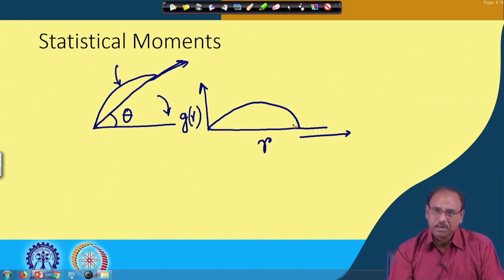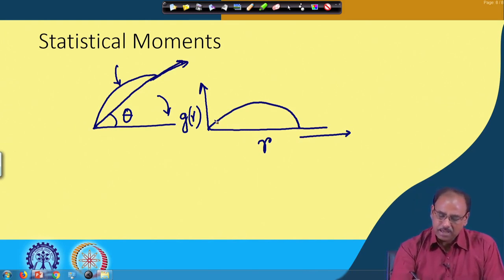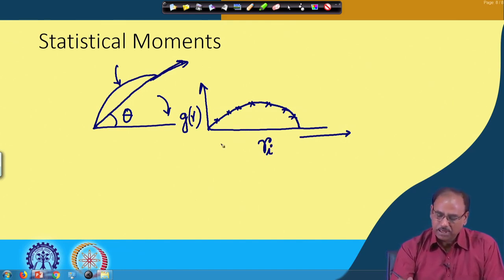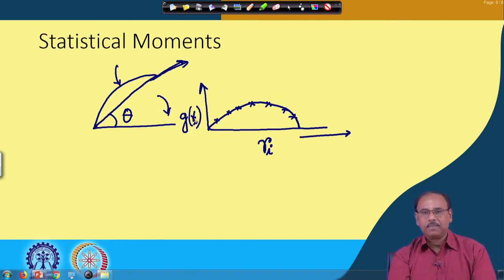Obviously, this will not be a continuous function, because as I said before, I actually have a set of discrete points on this boundary segment. So, if I represent this variable r by a set of discrete variables, say r_i, this boundary is represented by a function g(r_i).